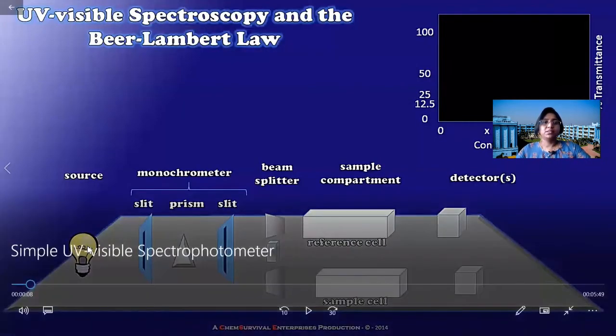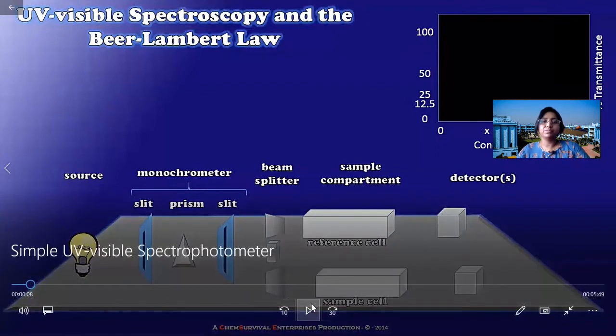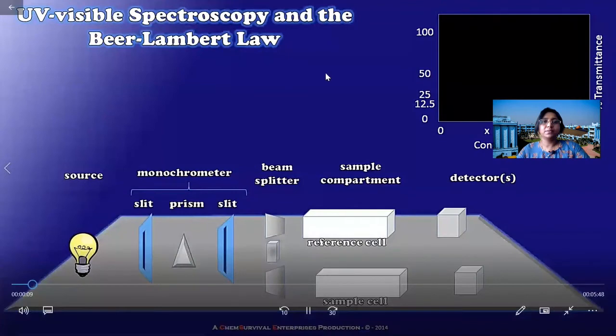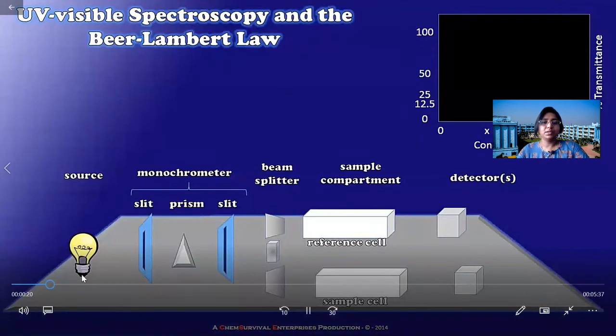Okay, so this is the basic principle of how UV visible spectroscopy works, and also the Lambert-Beer law. Here you can see the water kept. First there is the source, then slit, then prism, then another slit.